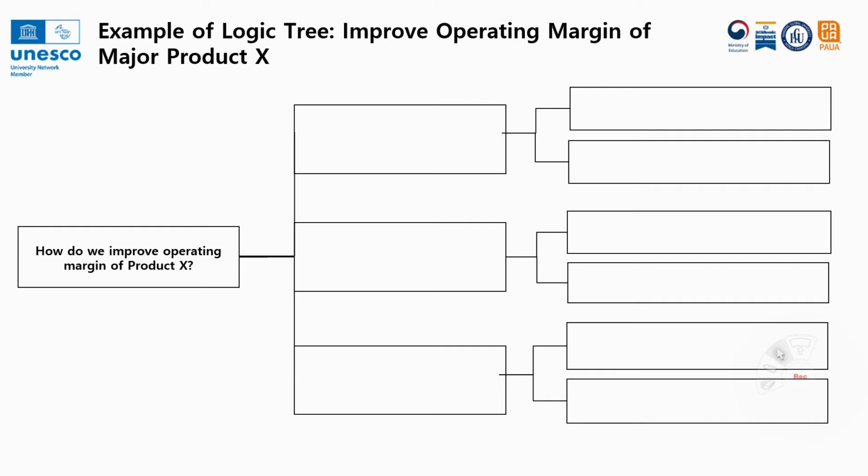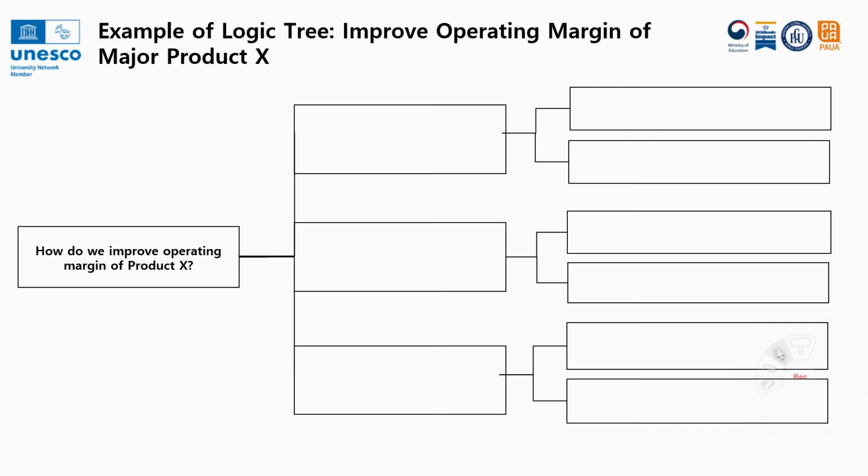Now it's time for us to think about disaggregating the issue of improving operating margin into small issues. So I presented 3 empty boxes. How do you want to disaggregate the problem into 3 sub-issues? What could be the sub-issues? Think about it. And those sub-issues should be mutually exclusive and collectively exhaustive.